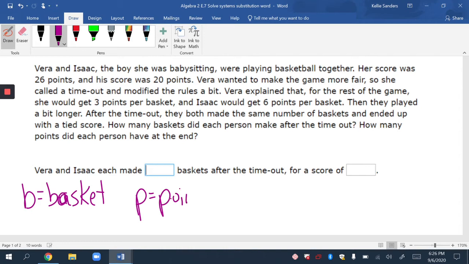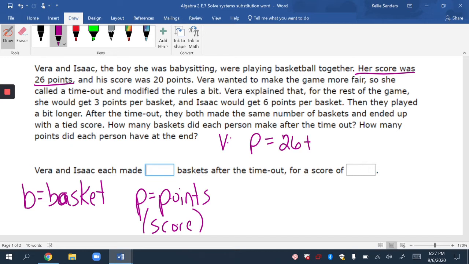So we'll do points, which means score. Okay, what did we know? Vera's score was already 26. So for Vera, her points, she already had 26.